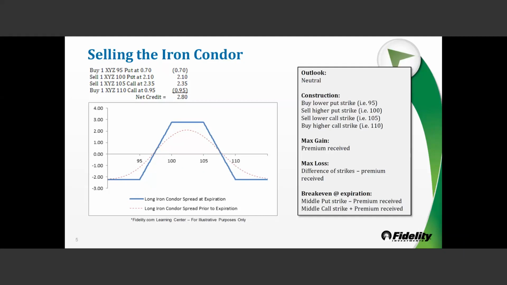So if you're going to lose this put vertical, you're going to lose $3.60 on that. But either you're going to lose on the put side, which is below 95, or you're going to lose on the call side, which is above 110. You are going to lose only on one end of the stick. So the other end is going to be free money.